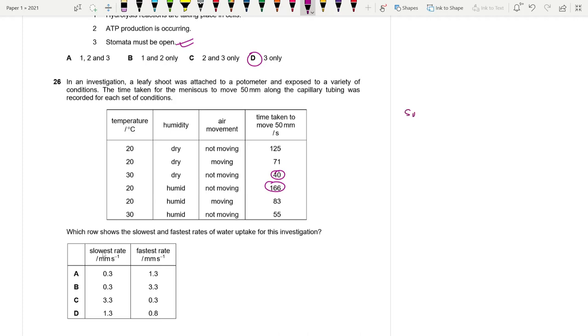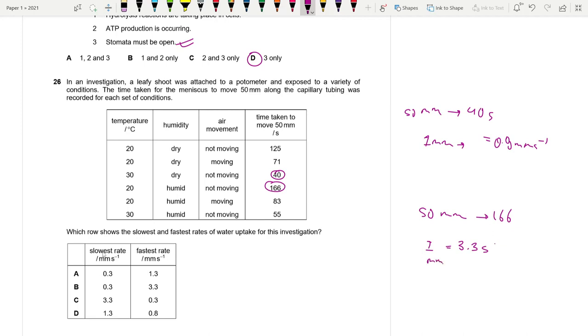So to travel 50 millimeters, it took 40 seconds. To travel 1 millimeter, how long will it take? 40 by 50. That gives us a value of 0.8 seconds per millimeter, right? And the next one, 50 millimeters in 166 seconds. So 166 by 50, that's actually 3.3, 1 millimeter in 3.3 seconds.